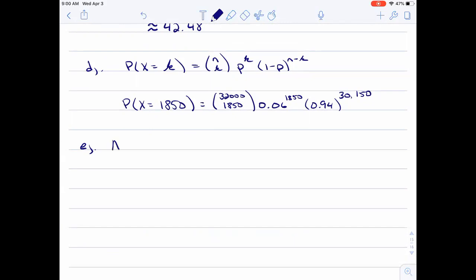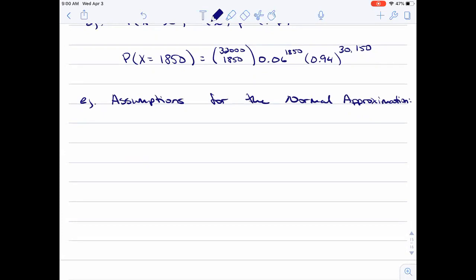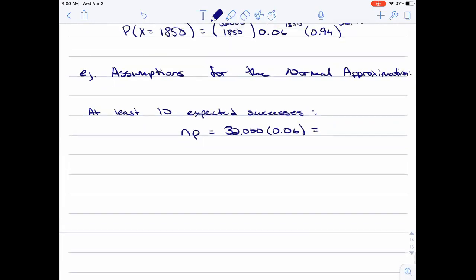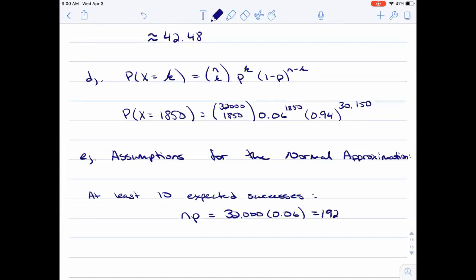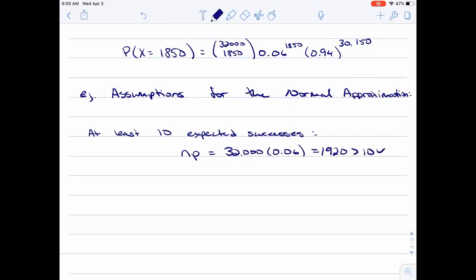So the assumptions for the normal approximation are that we have to have at least 10 expected successes, so N times P, which in our case is 32,000 times 0.06, which was 1920, is greater than 10.